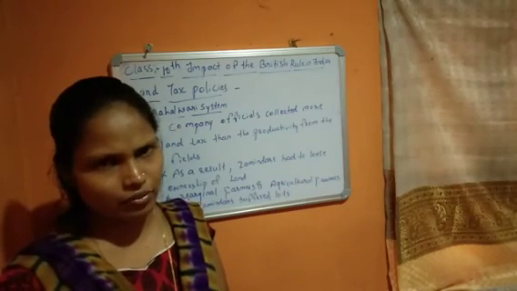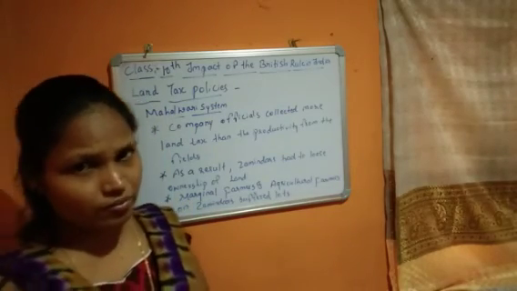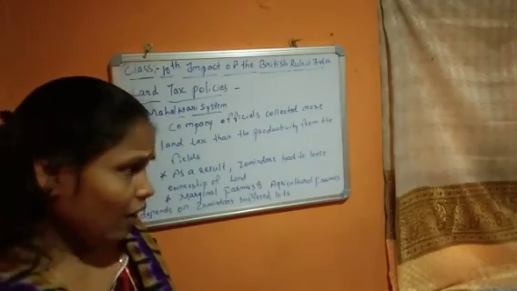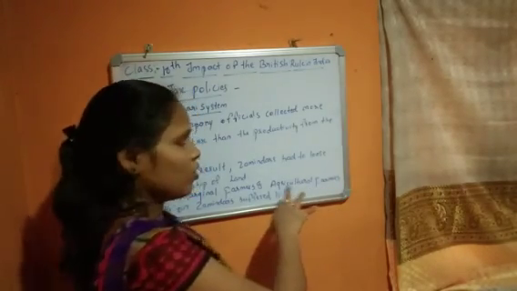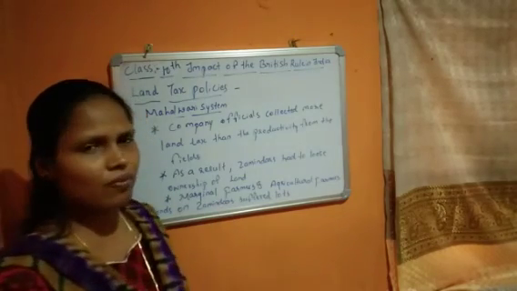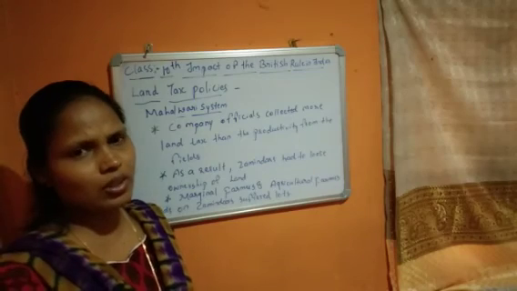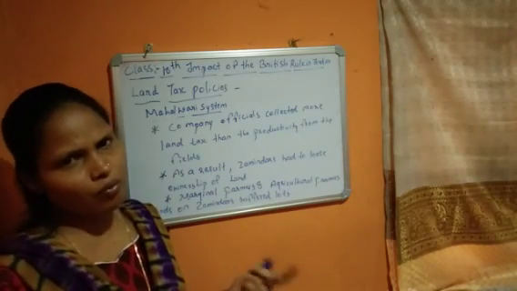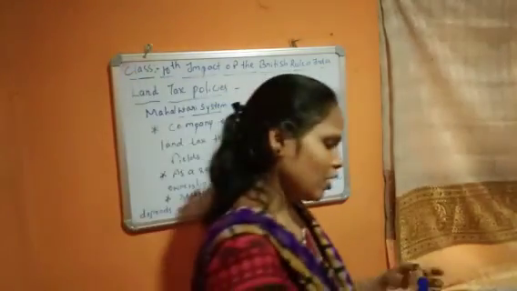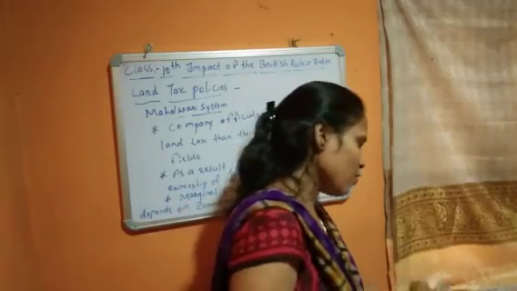Next, marginal farmers or very small farmers and agricultural farmers who always depend on zamindars suffered a lot. Totally, Mahalwari system also didn't give any benefit to farmers. Only the East India Company was successful in collecting more taxes from the farmers. Clear?